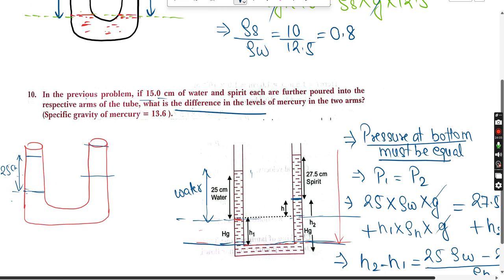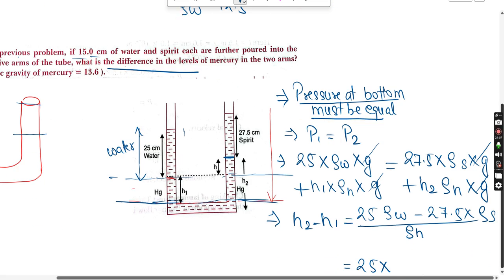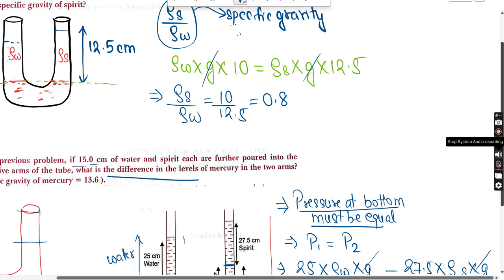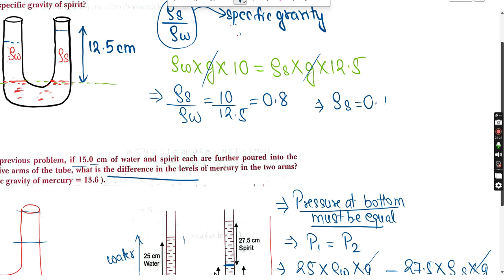Specific gravity of mercury is given. So specific gravity means what? We consider it with the help of water, right? So if you want to find the density of the spirit, it will be 0.8 into density of water.